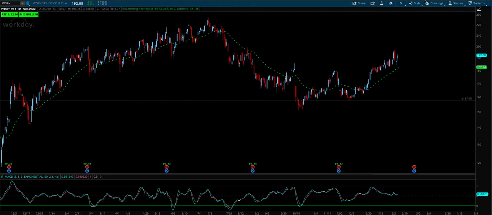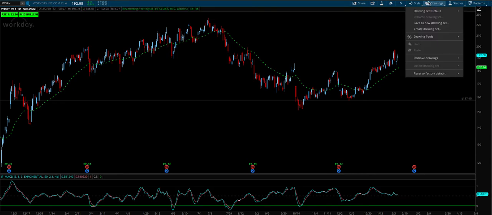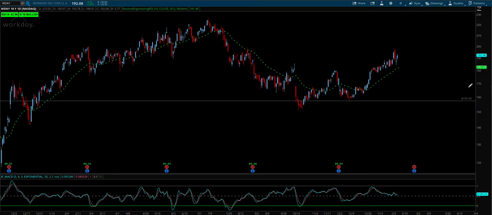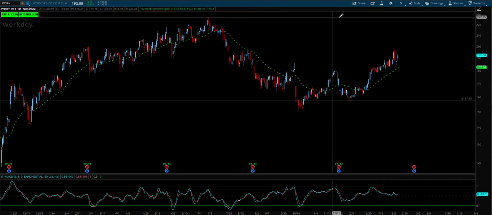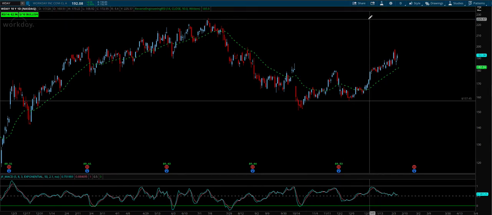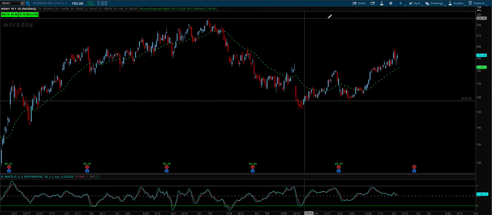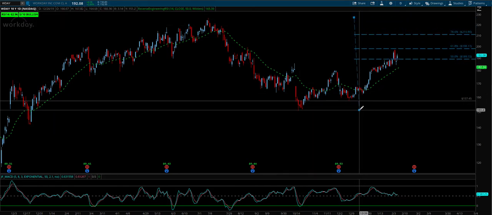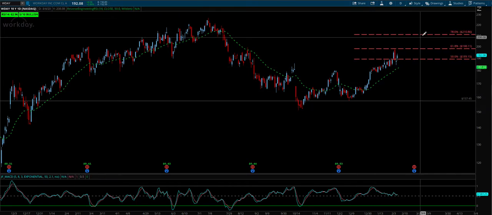So here you go. If you have TOS, you go to your drawing tools, fib retracements, and what you do is find the high, move it over from where you think price is, find the high, go to the recent low, swing low, and there you go.